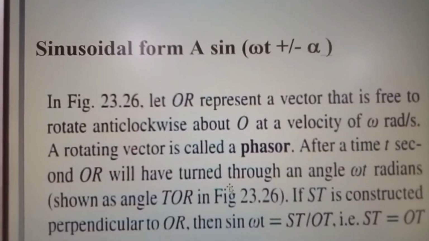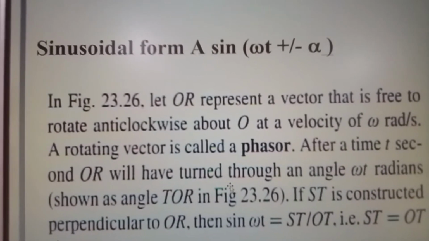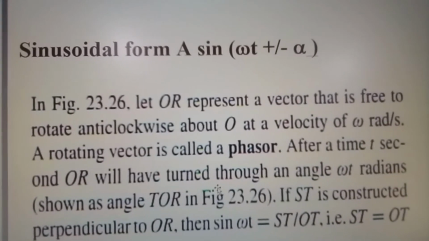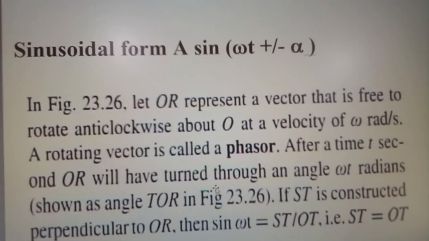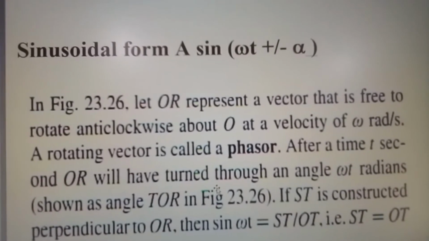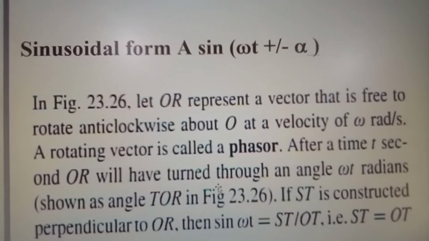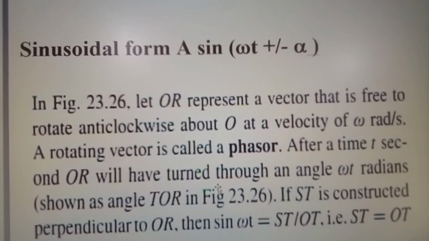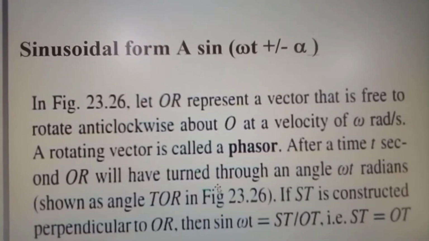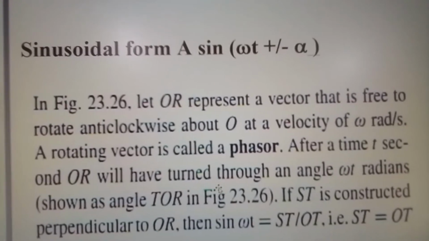In figure 23.26, let OR represent a vector that is free to rotate anticlockwise about O at a velocity of omega rads per second. A rotating vector is called a phasor. After a time t seconds, OR will have turned through an angle omega t radians, shown as angle tau in figure 23.26.